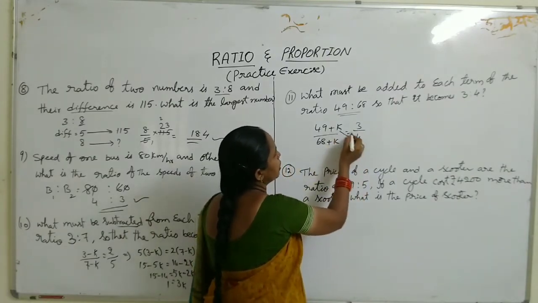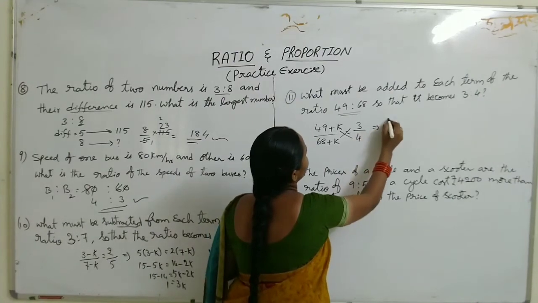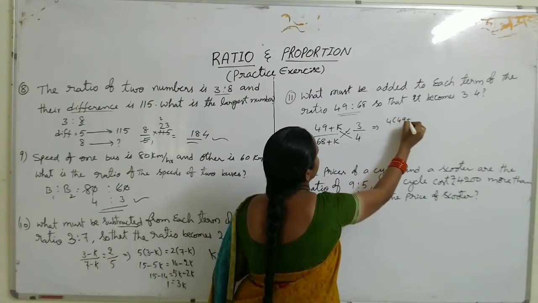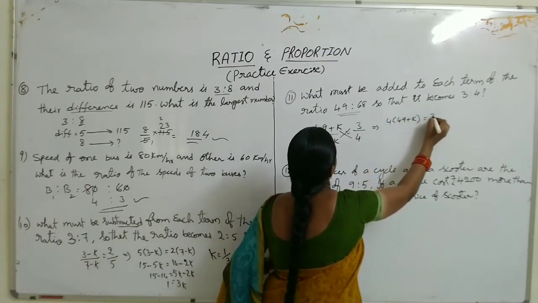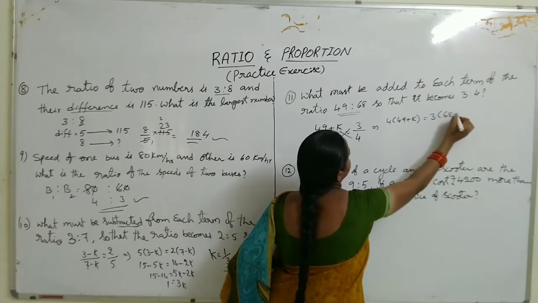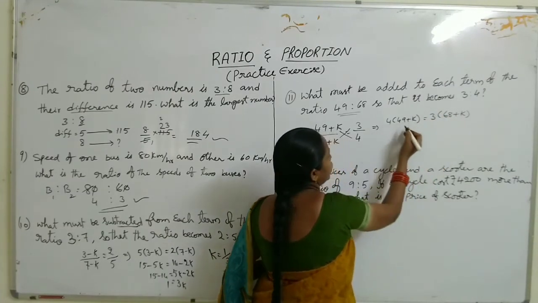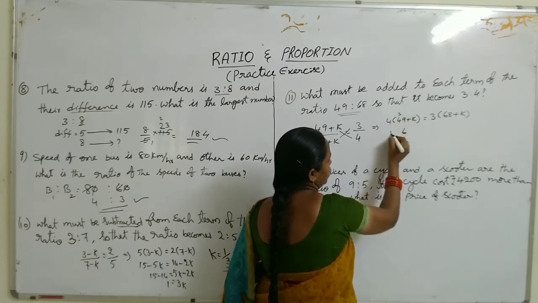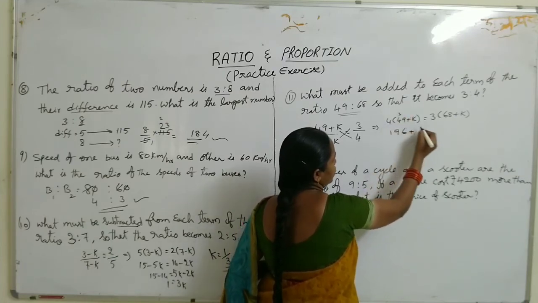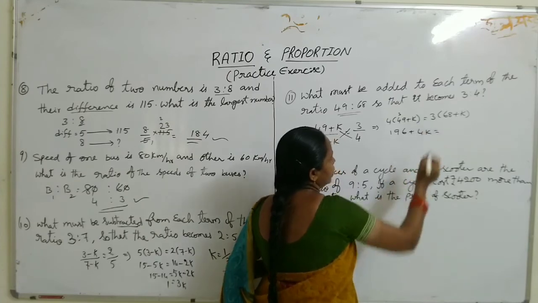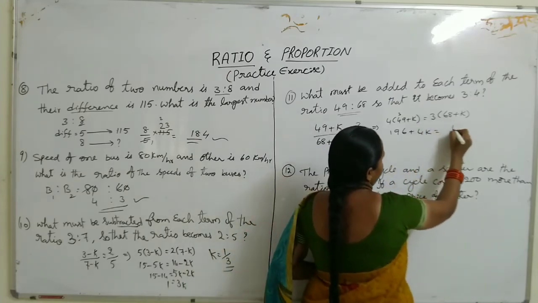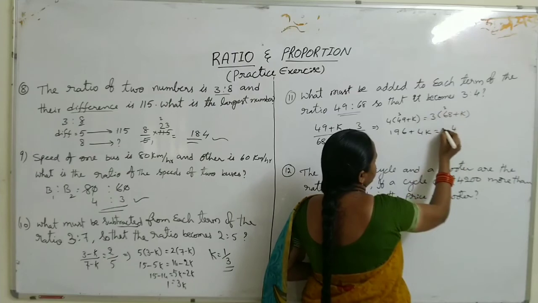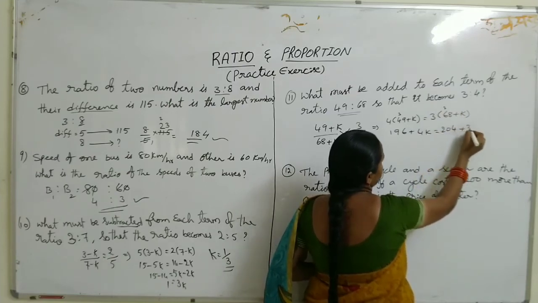Then cross multiply: 4 into 49 plus k equals 3 into 68 plus k. 4 nines are 36, 4 fours are 16, so 196 plus 4k. 3 eights are 24, 3 sixes are 18, so 204 plus 3k.